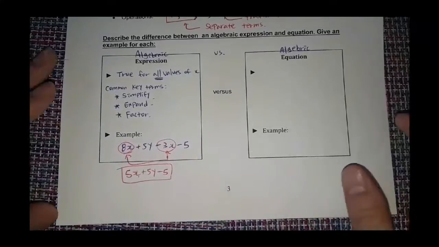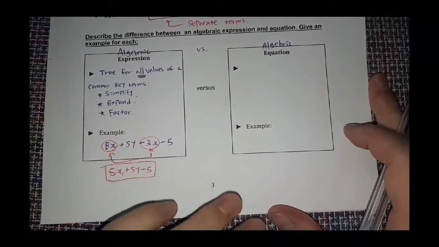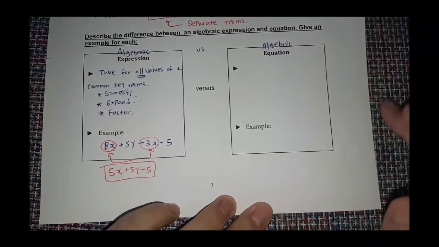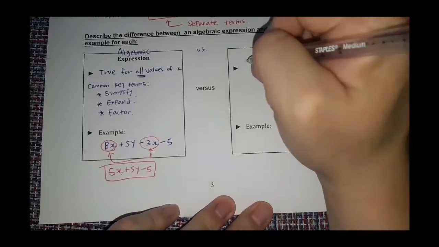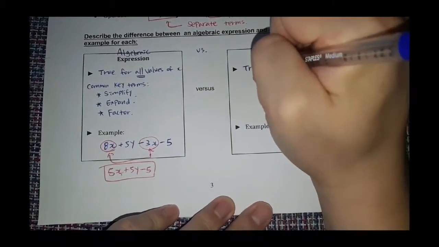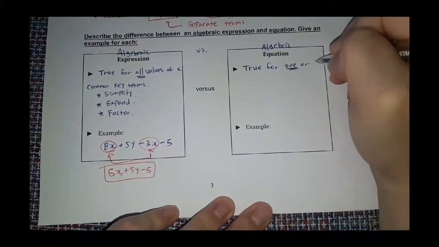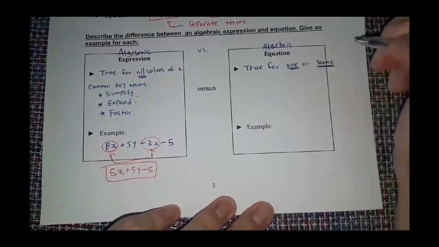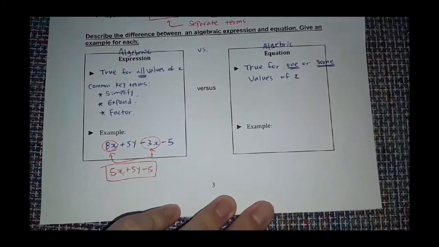All right. On the other hand, let's talk about algebraic equation. An equation is a little different. First of all, it is only true for one or some values of x.